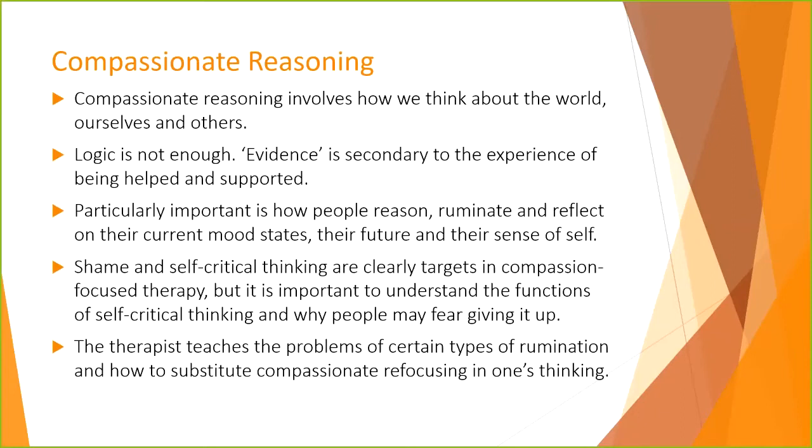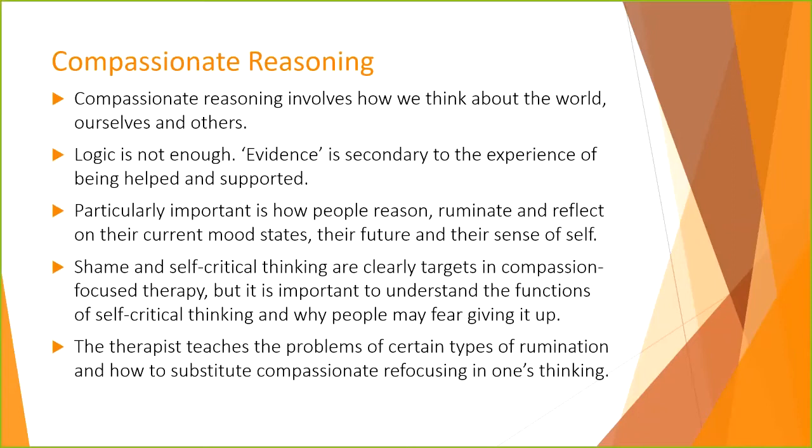Their future. If they ruminate about their future never getting any better, then they're not going to be disappointed. They're not going to be let down if something doesn't happen. And they're not going to be critical if they don't achieve a goal. And their sense of self. If they ruminate on all of their faults, then guess where their sense of self is going to be?